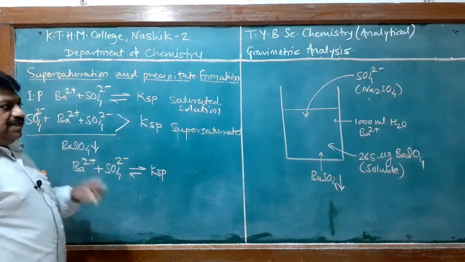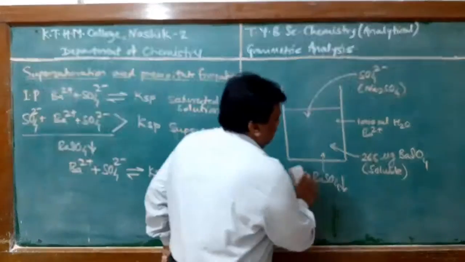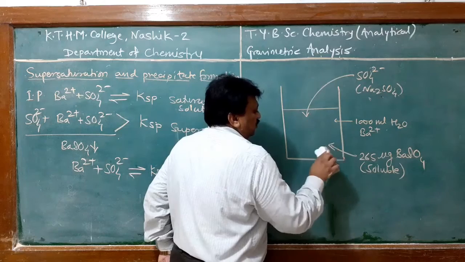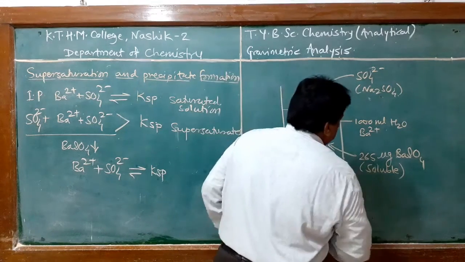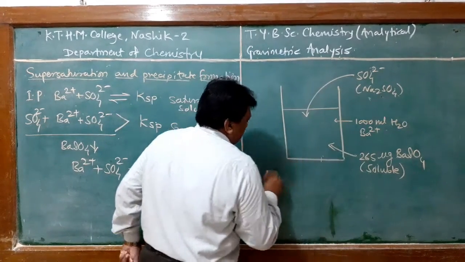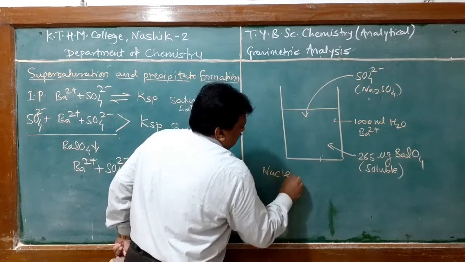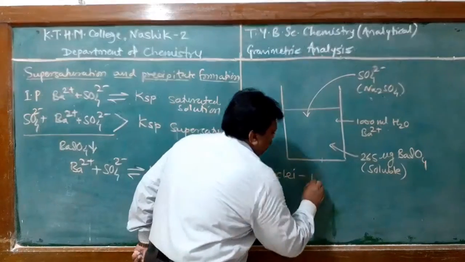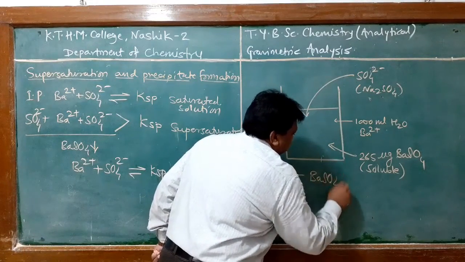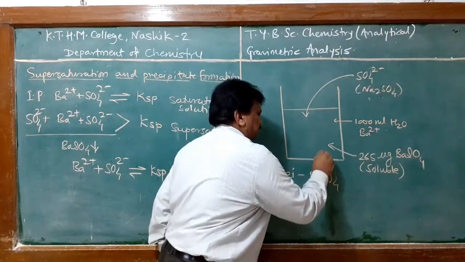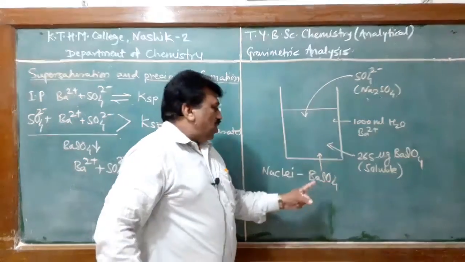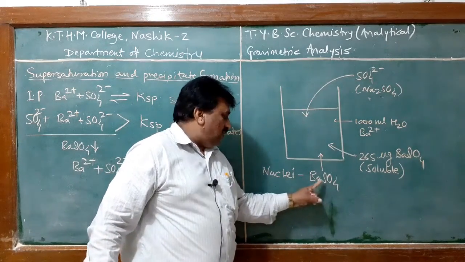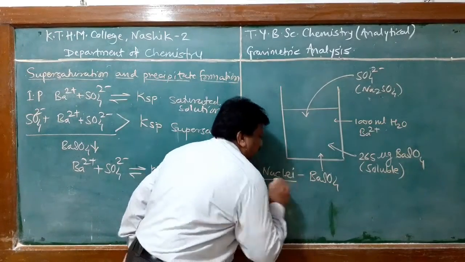Now, in a precipitation reaction, when the dissolving capacity of the solute is vanished, a small nuclei is generated in the body of the solution. In this case, a small particle of barium sulfate is formed in this solution, and this small particle thus formed is called nuclei.